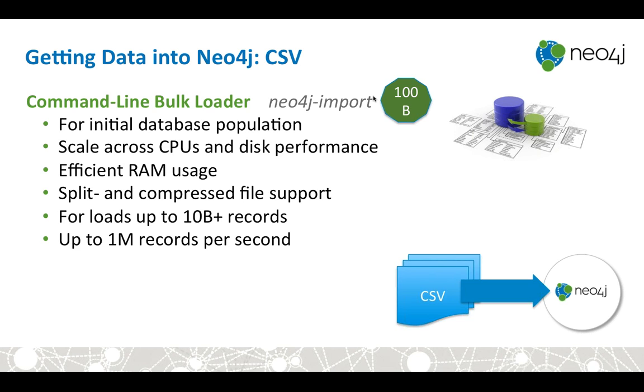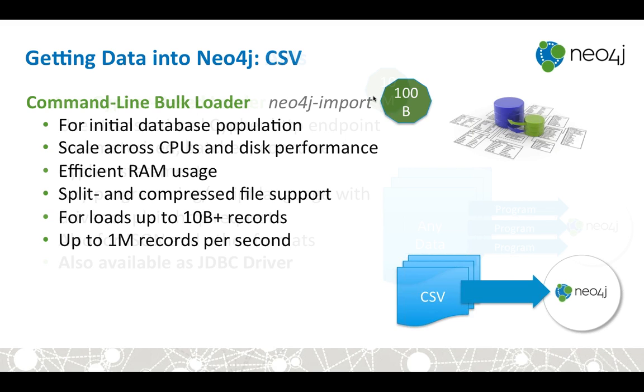What it does is take, again, CSV files and scale them across all the CPUs that you have and all the disk capacity that you have by putting it into a stage architecture where each input step is parallelized if possible, and then they form a staging step-by-step input scheme, and use also some tricks for compression and in-memory compression, and also for creating the graph structures. And it's really cool because it's really fast, so it can do 1 million records per second.